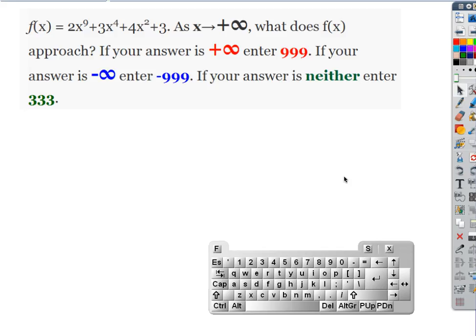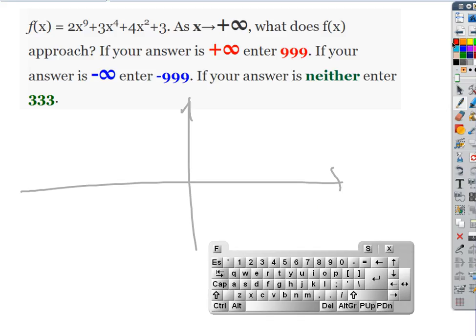Now we know always with a polynomial, this is what has to happen. As x approaches positive infinity, that just means that we're going way out there, right? If we go way out there, or if we approach negative infinity and go way out there, we know that the polynomial has to expand infinitely, has to blow up in both directions.